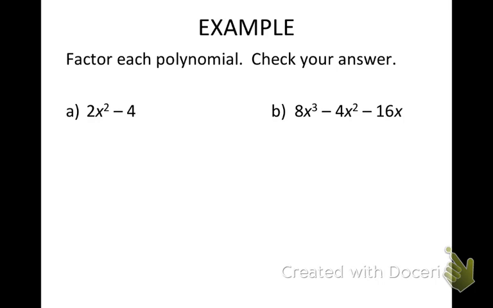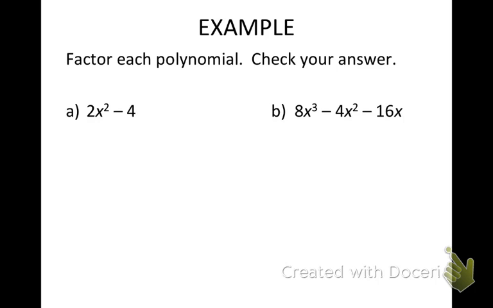If I give you the quadratic binomial 2x squared minus 4, and I want to factor it. Would there be multiple answers to that? Nope. There will not be multiple answers. Let's first think about what the GCF of 2x squared and 4 is going to be.